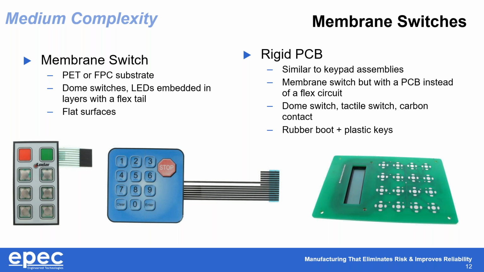The flexible circuit of a membrane switch is a very simple design. Just as simple as using a rigid PCB to replace the flexible circuit with all things equal. And there's several reasons to consider a rigid PCBA, but ultimately both are considered a medium technology type of product for us to support.